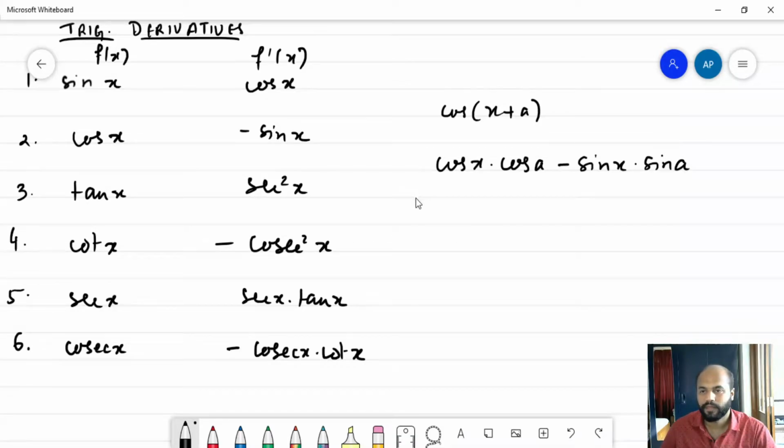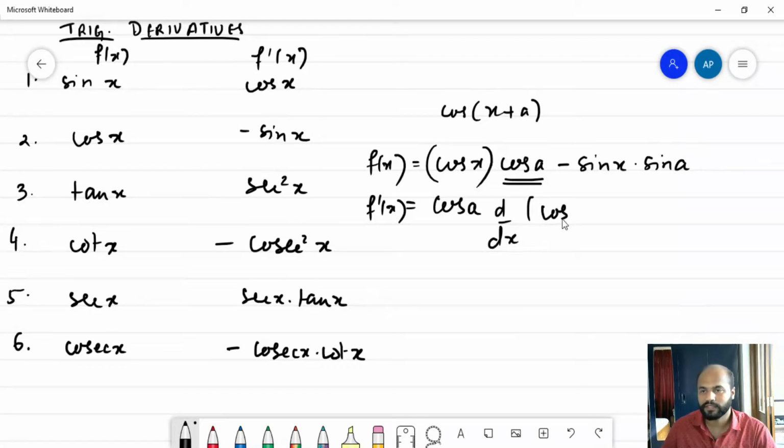This is the expansion. Now you can clearly see that if I want to differentiate this, cos a is a constant. So let's check it out. All that I have to differentiate is cos x and sin x. So it's going to be cos a times d by dx of cos x, and sin a is taken out, times d by dx of sin x.